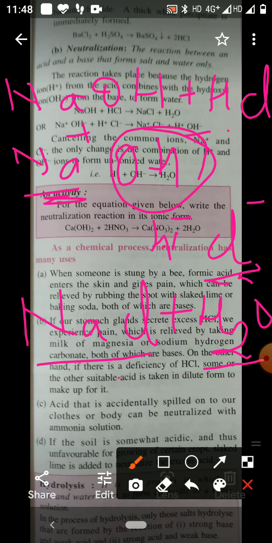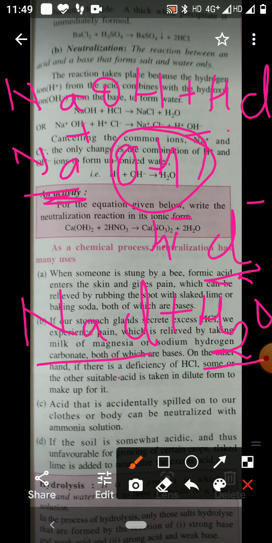So children, you have to understand that a neutralization reaction is a reaction between an acid and a base. In this reaction, the products are salt and water only. The neutralization reaction takes place because of the hydrogen ion present in the acid and the hydroxyl ion present in the base. The hydrogen ion of the acid reacts with the hydroxyl ion of the base to produce water.